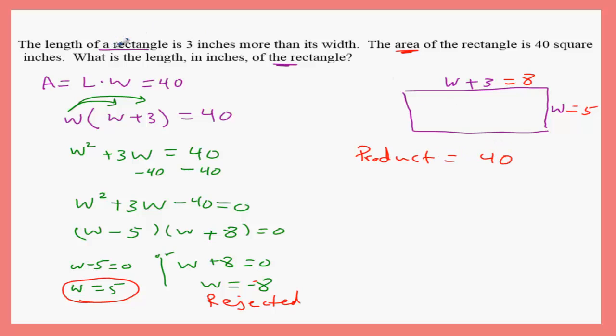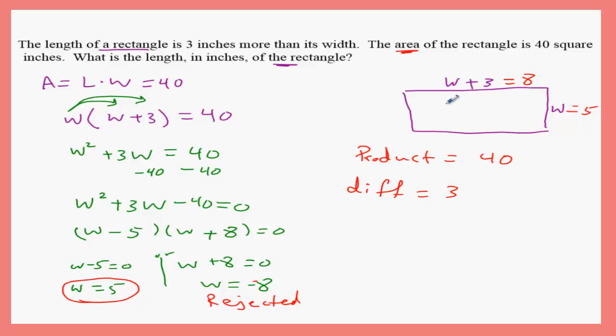And if the length is 3 more than the width, the difference between those two numbers equals 3, because one of them is a number and the other is this number plus 3. What are these two numbers?